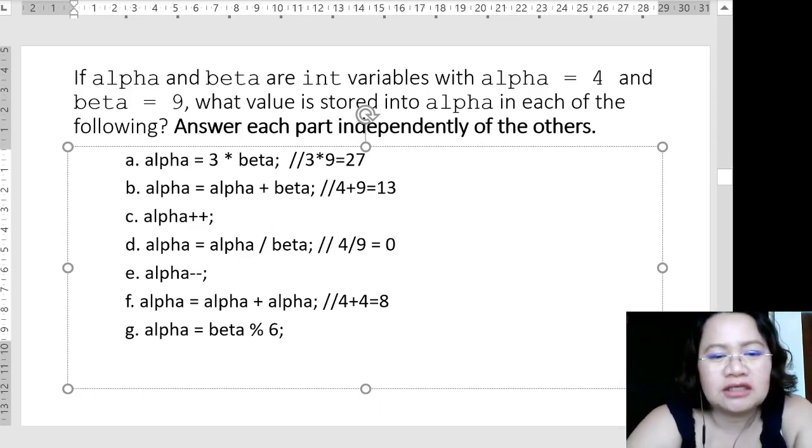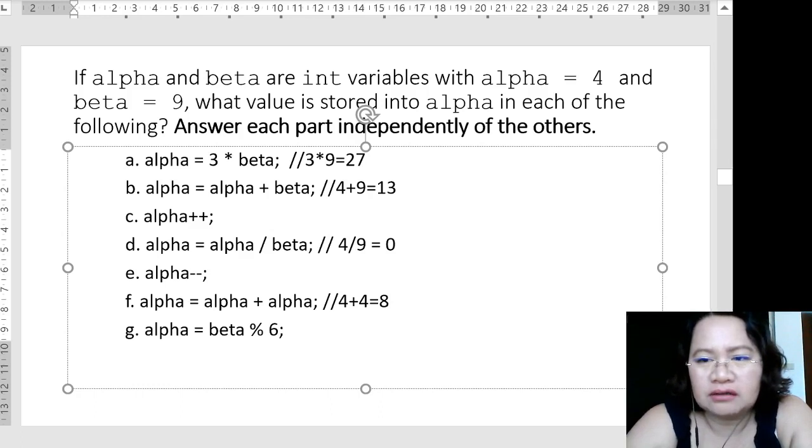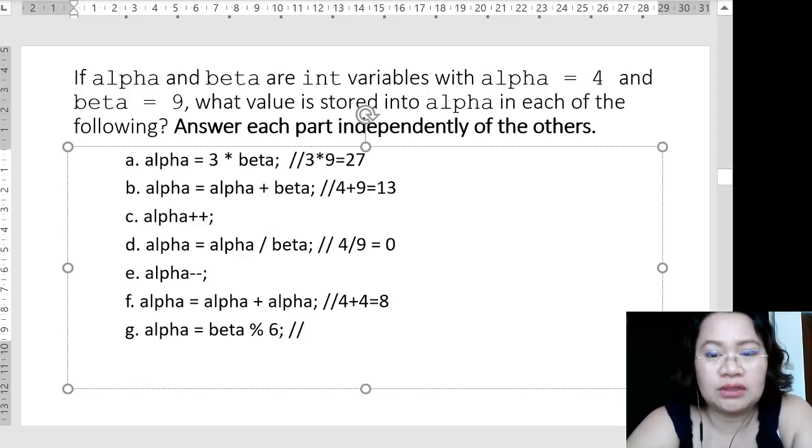Modulo means what is the remainder when you divide beta, which is 9, by 6. 9 divided by 6 gives a result of 1, but we are looking for the remainder. 1 times 6 is 6, 9 minus 6 is 3. So the result will be 3.